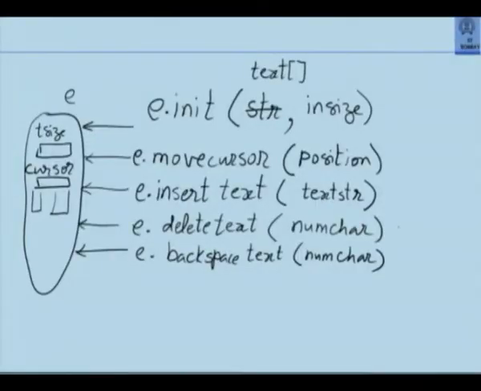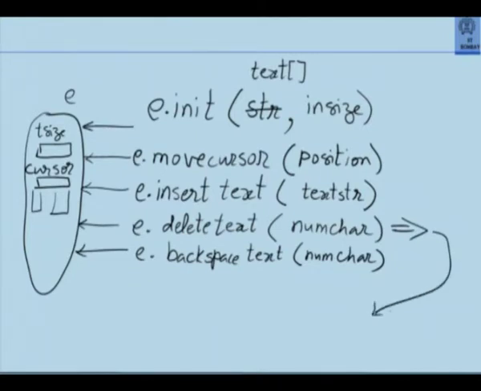Then you should immediately write the implications on the private data elements of the class. So when you delete, what will happen? There are four things there inside. Two are the stacks, one is cursor, one is t size. For each of these, what will happen whenever you execute a function should be documented. So can you tell me, for example, in case of delete text, what would happen?